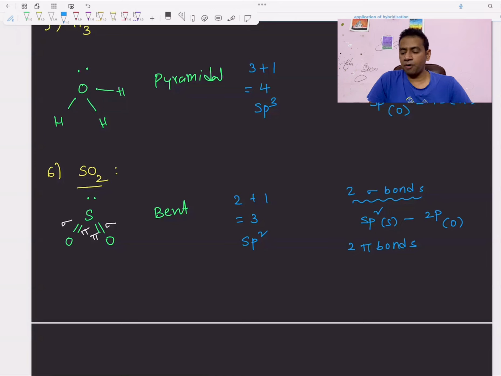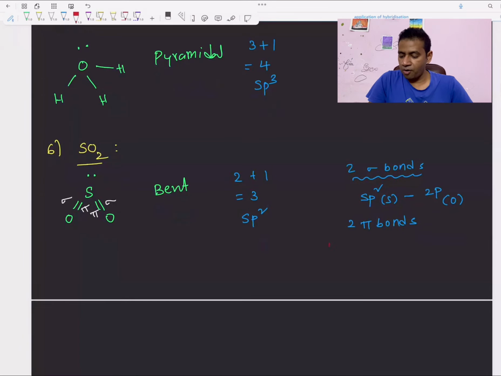Now to form a pi bond, sulfur uses either one p orbital or one d orbital. So here we have two types of pi bonds. Pi bond 1 is formed from the 3p orbital of sulfur overlapping with the 2p orbital of oxygen, which is generally called a p pi p pi bond.